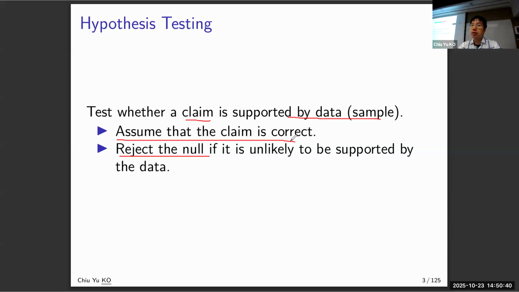Especially in the Western system, you assume the defendant is innocent until proven guilty. So the initial hypothesis is that the defendant, no matter how the evidence is right now, is innocent. And to prove he's guilty, you need evidence beyond reasonable doubt.